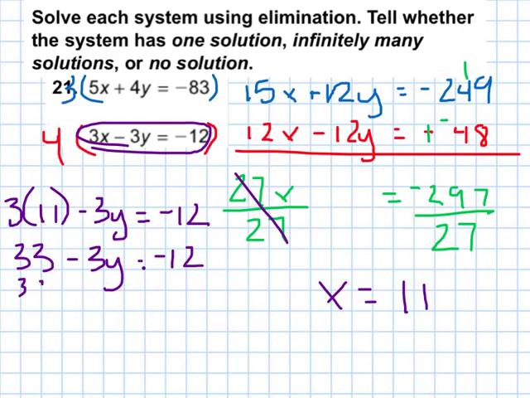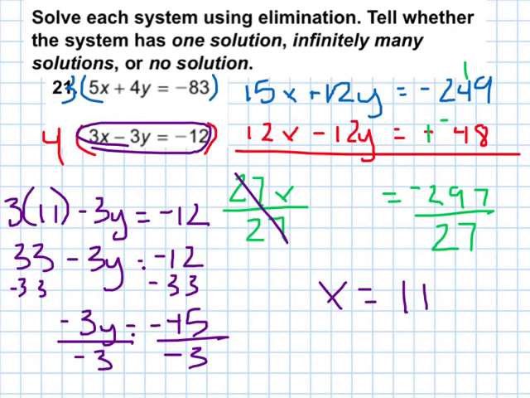We'll subtract 33. Negative 3y equals negative 45. Divide by negative 3. And we get y equals 15. So we put it in our ordered pair, 11, 15, and that is our answer.